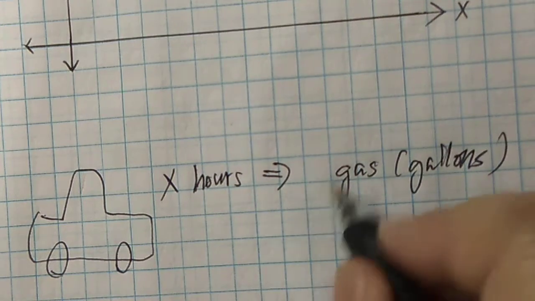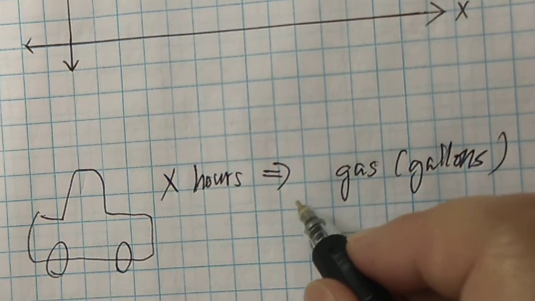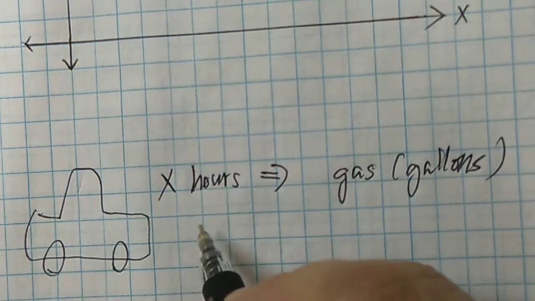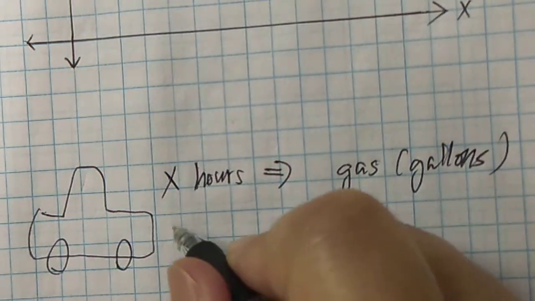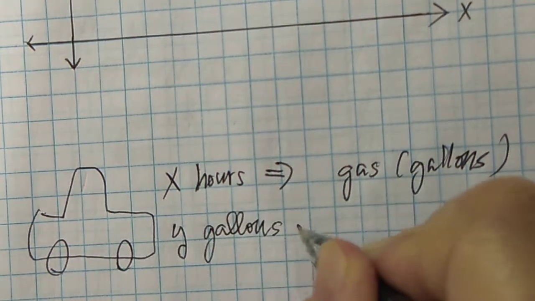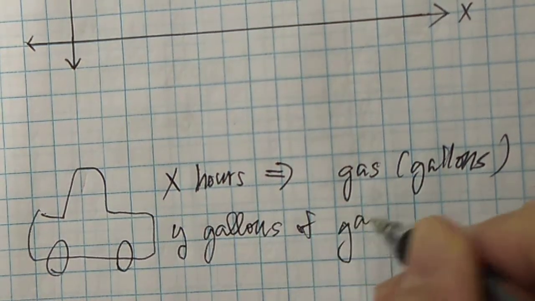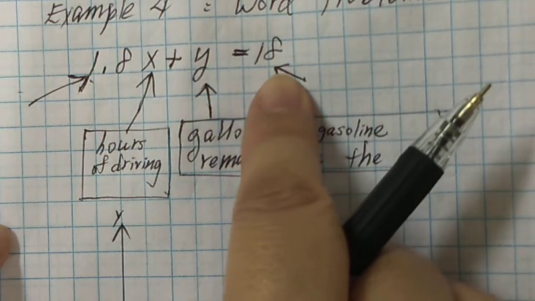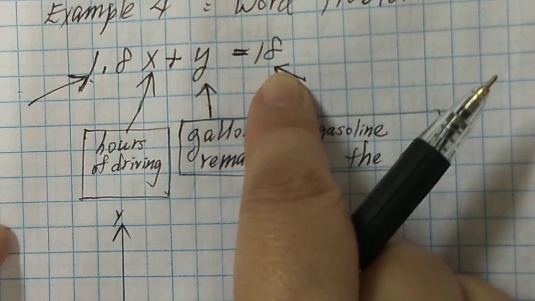We don't know how much gas it uses, it doesn't say specifically in the question, but it's actually there. And it also tells you that it has this many gallons of gas left in the car after it's been driving for this long. And then finally, it gives you something like this in the equation.